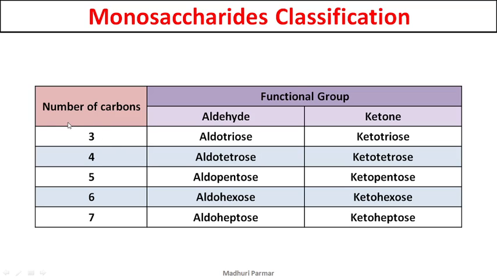So this is how you classify the monosaccharides on the basis of carbons. The smallest monosaccharide, or the smallest carbohydrate, is made up of 3 carbons and is called a triose. A triose can have an aldehyde or ketone group, and then you call it either aldotriose or ketotriose. Clear till here? Very good.